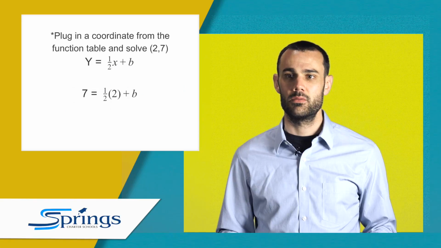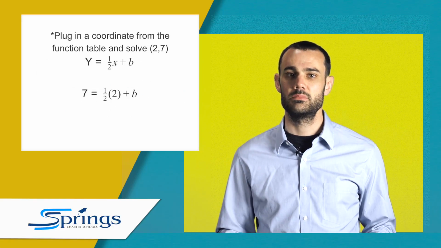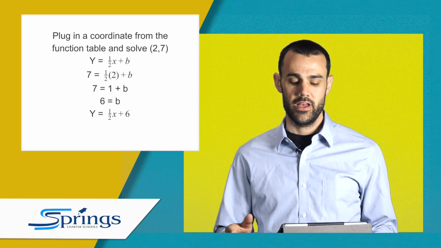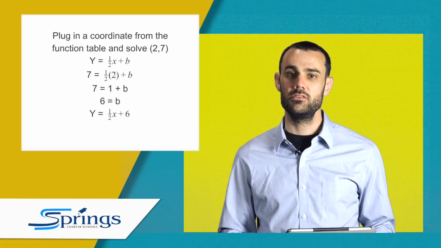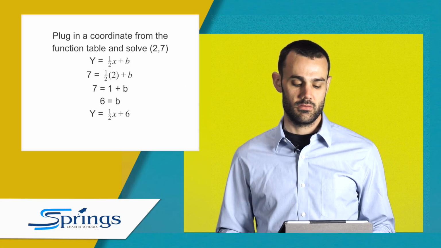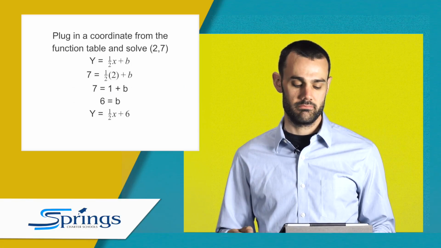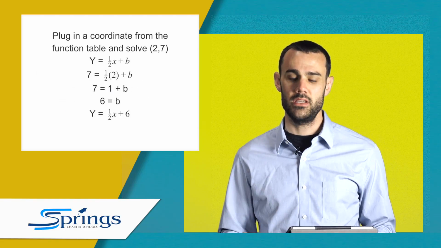So I get the equation set up of 7 equals 1/2 times 2 plus b. Let's simplify what we have. Again, we have y equals 1/2 x plus b. We inserted 7 and 2 into the proper places, and now we're going to reduce. So 1/2 of 2 is 1, so my new equation reads 7 equals 1 plus b.